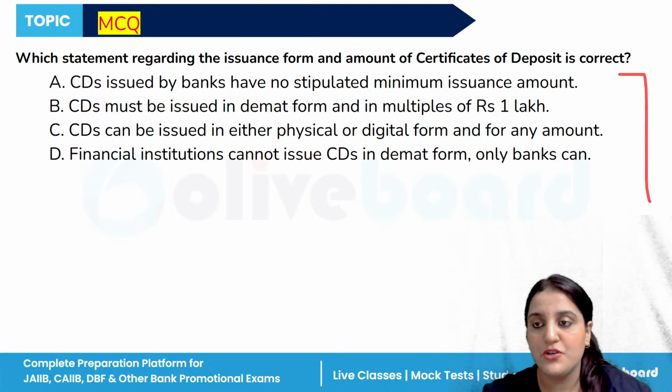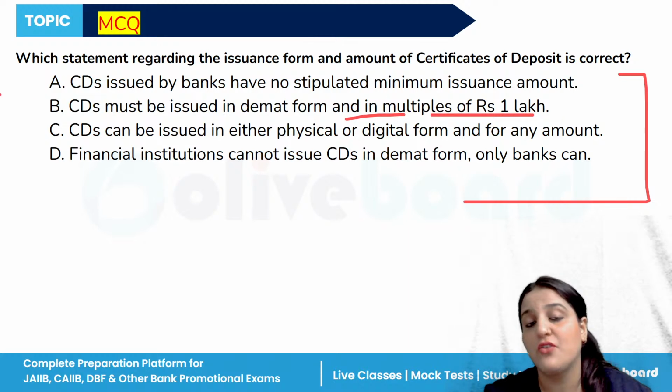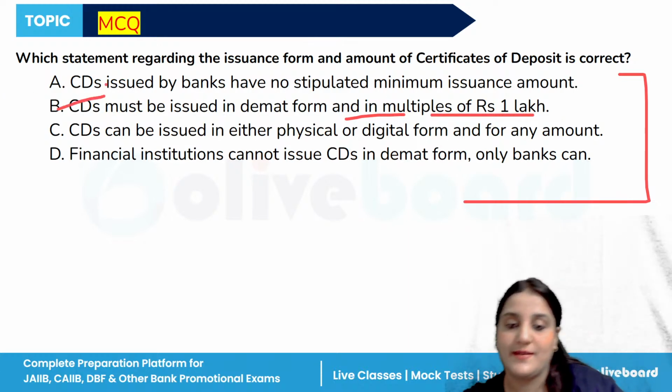After reading all the options, you will find that CD must be issued in a demat form and also in multiples of 1 lakh. So option B is correct here.